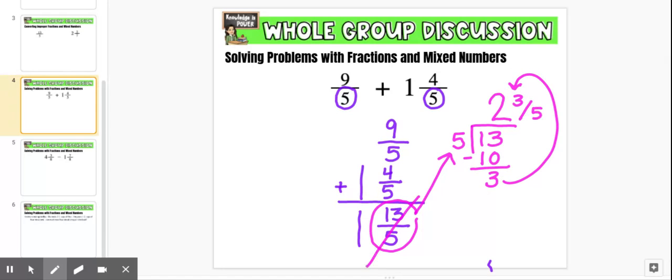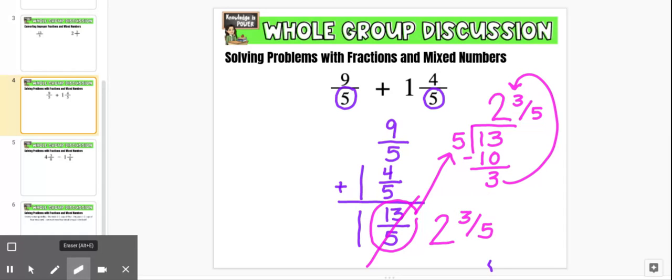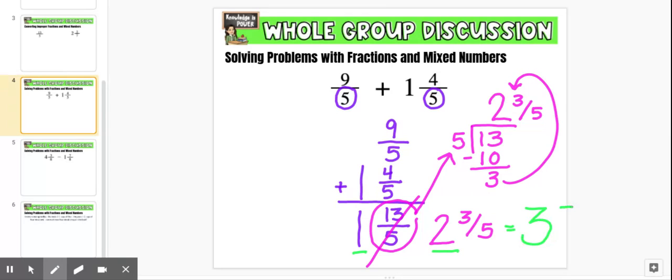So instead of 13/5, now you have 2 3/5. But in order to complete the problem, you need to combine your 1 and your 2 to get 3, and your fraction stays the same, 3/5. So your answer is 3 3/5.